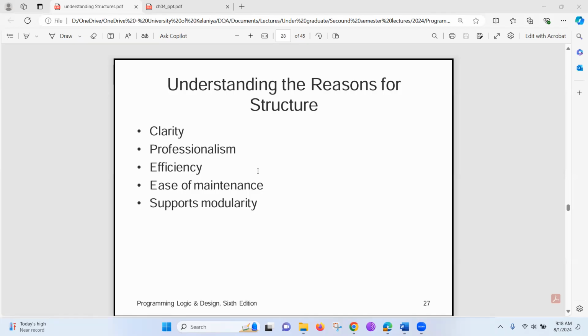But we are talking about the oldest languages, C, C++. So somewhat all the languages can be written in a structured form, but newer languages enforce structure.